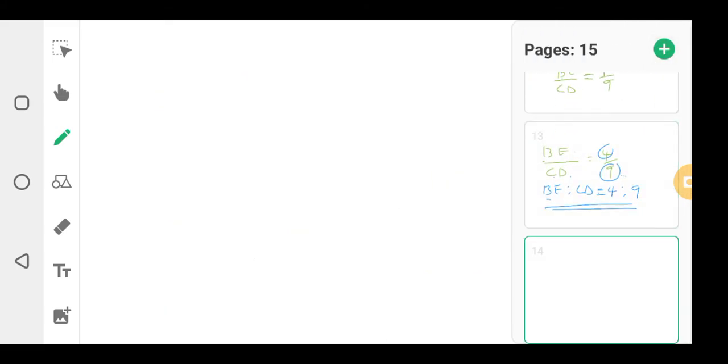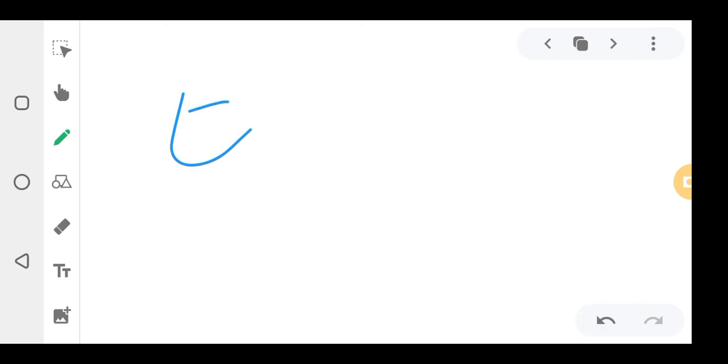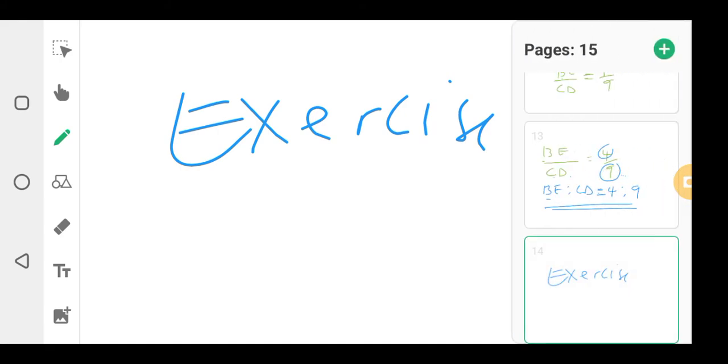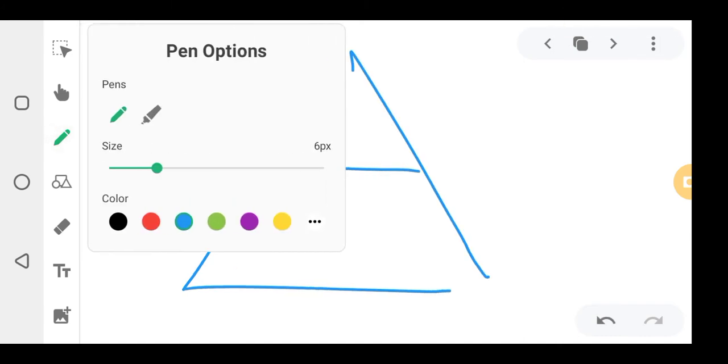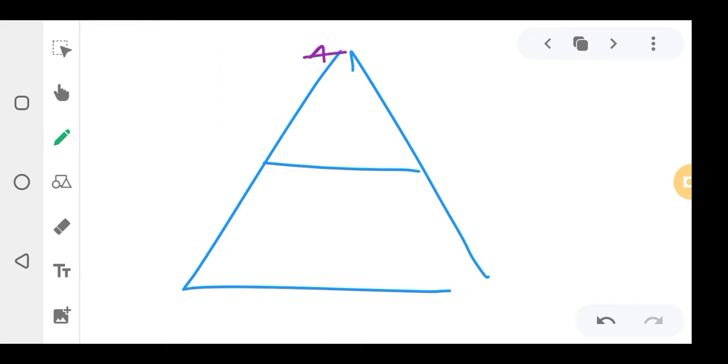Okay, having that knowledge, try this exercise. You always split them into 2 triangles, and then you do the relation. So the exercise is, they give you this. This is A, this is B, this is C, this is D. This is 2.